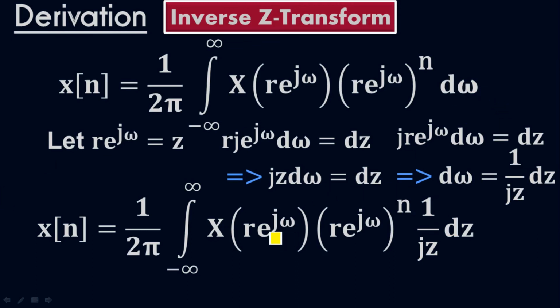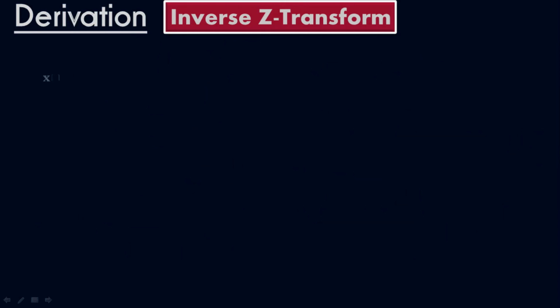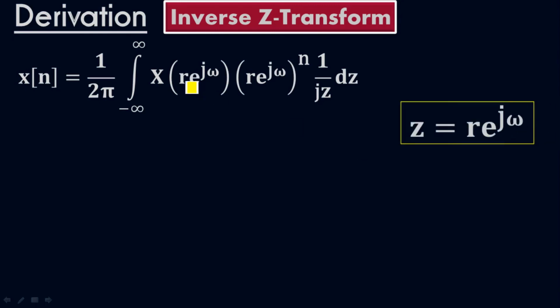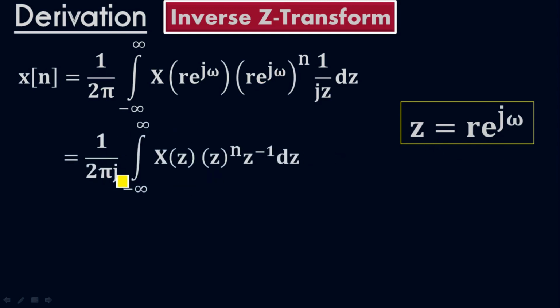Now replace r times e to the j omega by z. So my new equation will be 1 over 2 pi j into integral of x of z times z to the n times z to the negative 1 times dz.